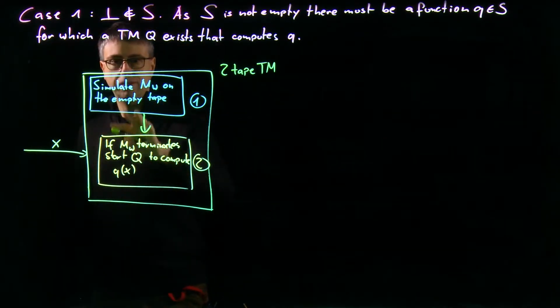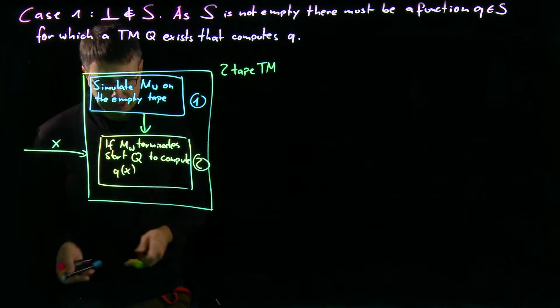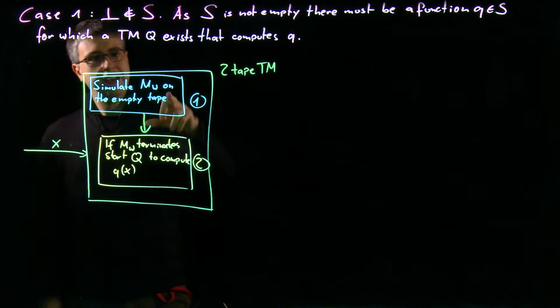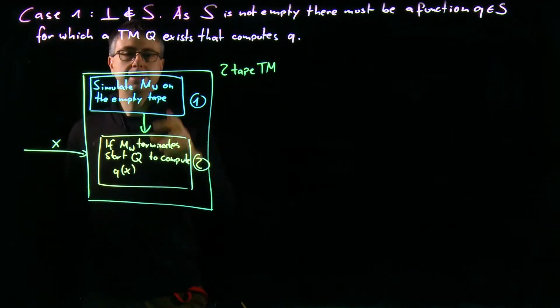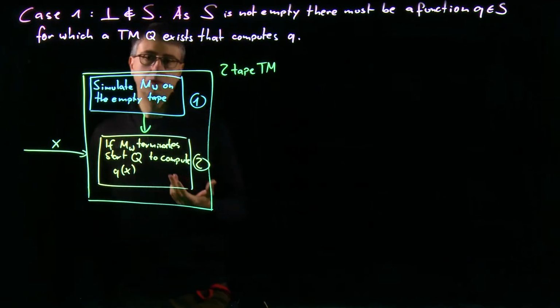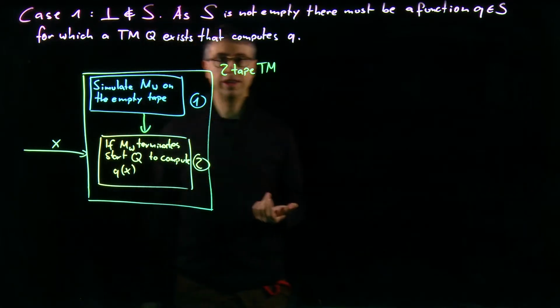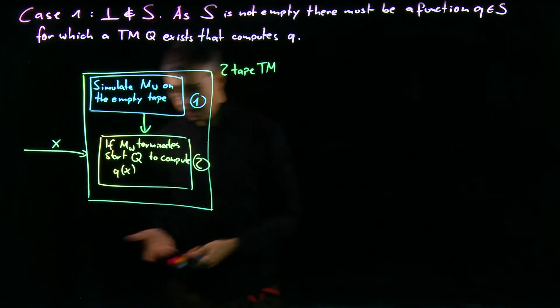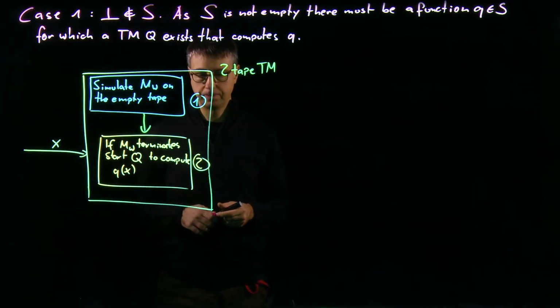Okay, now we have constructed a Turing machine like this. If we have a closer look at the first step, we simulate M_W on the empty tape. That looks like we would like to decide whether M_W halts on the empty tape or not, and this is actually what we would be able to do now.